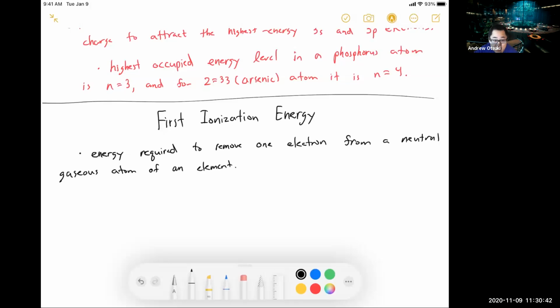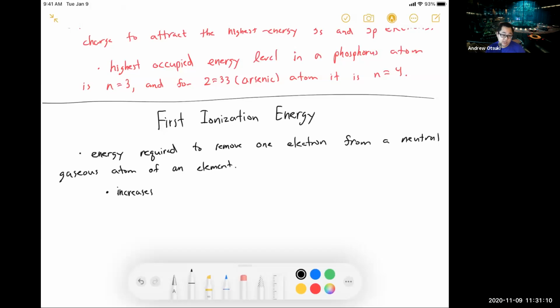So the trend is that it increases. It's pretty much the opposite of atomic size. If you think of atomic size as inversely related to ionization energy, you'll be solid. Remember, if atomic size decreases from left to right across a period, ionization energy will increase.